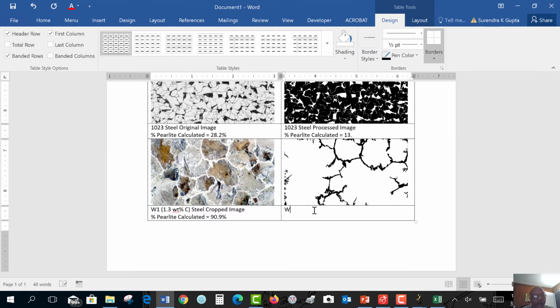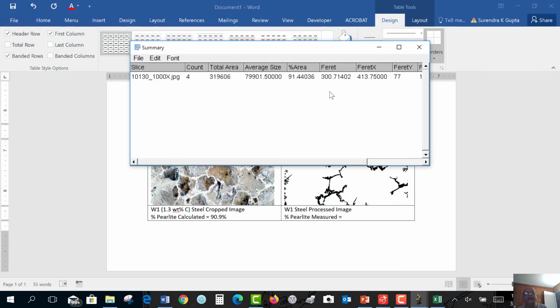So we have W1 steel processed image, percent perlite measured is, we just got that value, which was 91.4%.